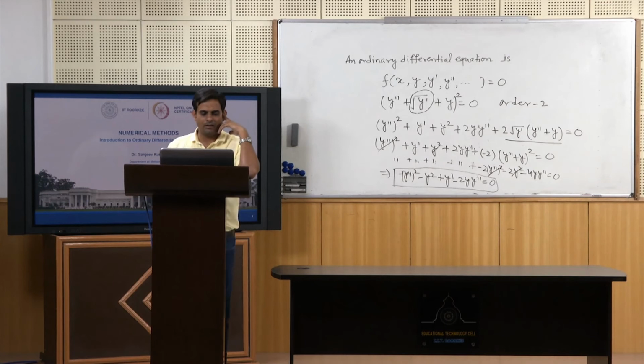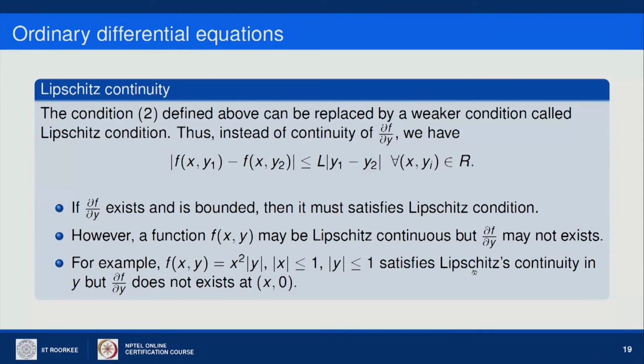For example, if you take f equals x square times mod y, where mod of x is less than or equal to 1 and mod of y is less than or equal to 1 is the domain, this particular function satisfies the Lipschitz condition in this rectangular domain. However, the function does not have a partial derivative with respect to y, that is, del f over del y does not exist at y equals 0.